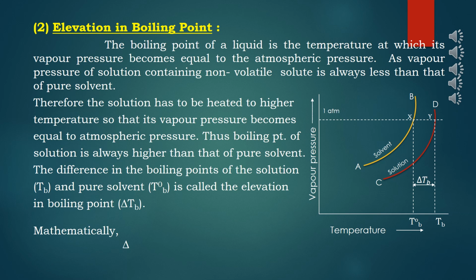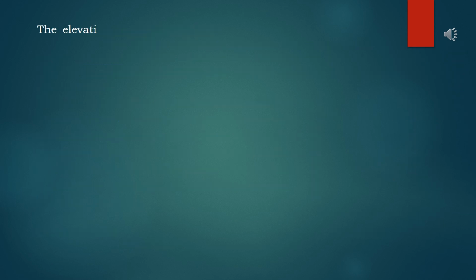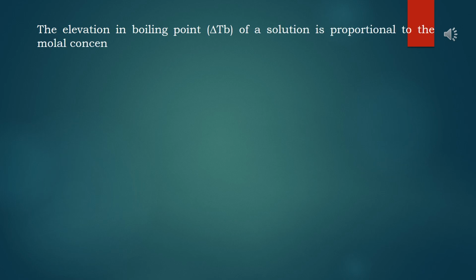Mathematically, delta Tb is equal to Tb minus Tb naught. Let it be equation number 1. The elevation in boiling point delta Tb of a solution is proportional to the molal concentration of the solution. That means delta Tb is proportional to molality, small m, or delta Tb is equal to Kb into m.